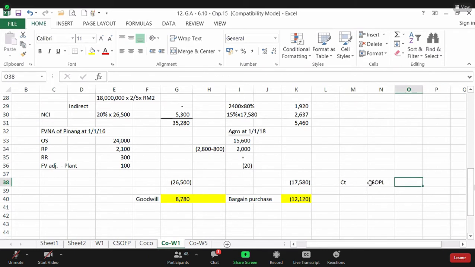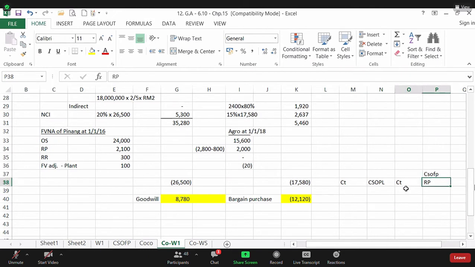But we do not prepare consol SOPL. We prepare consol SOFP. So if we prepare consol SOFP, you need to credit RP because income is increased. So when we credit SOPL, it means you credit income, but we do not prepare SOPL, so I cover SOPL also at the same time.